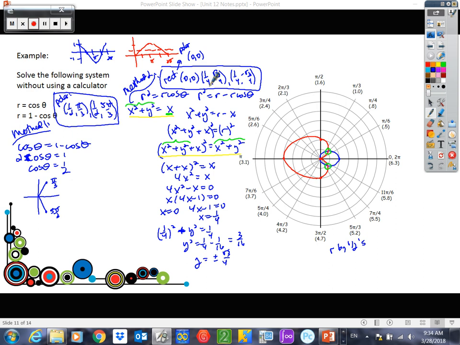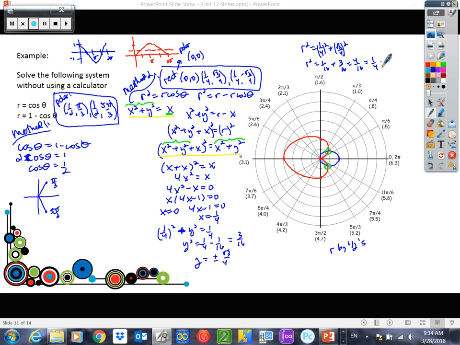So this is my x and this is my y. So let's just write it over here. So I have r squared equals 1/4 squared plus √3/4 squared. So r squared is what, 1/16 plus 3/16, which is 4/16, which is what, 1/4.